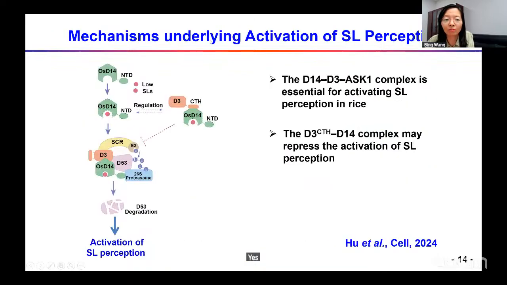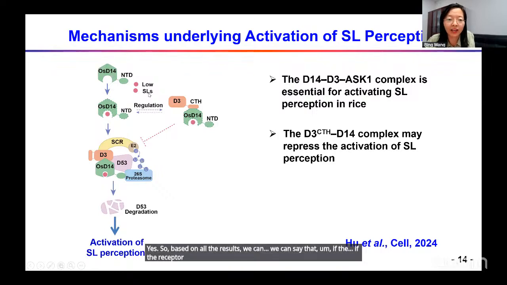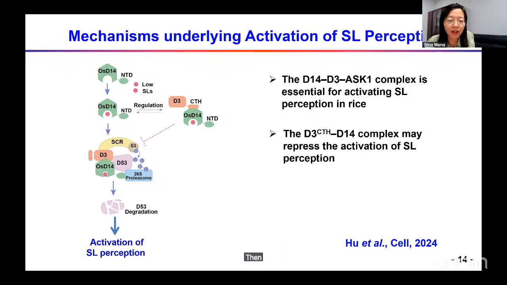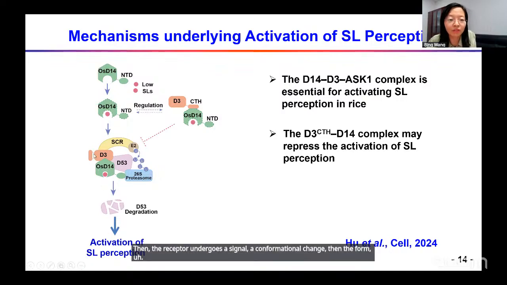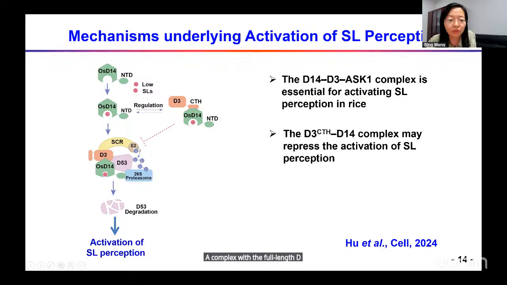So based on all the results, we can say that if the receptor binds strigolactone and the strigolactone is hydrolyzed, then the receptor undergoes a conformational change. Then it forms a complex with the full-length D3 and the E3 ligase.